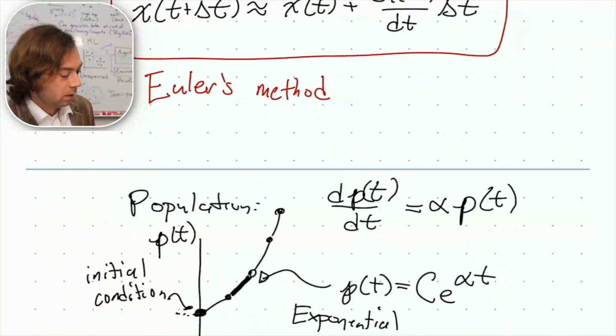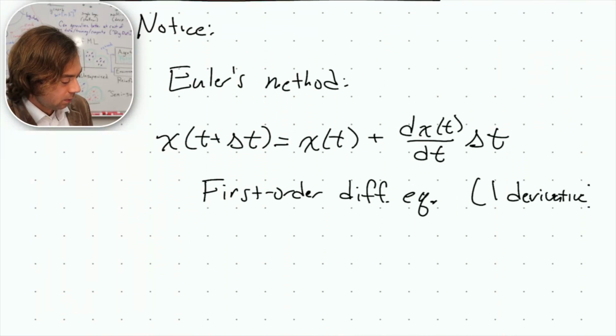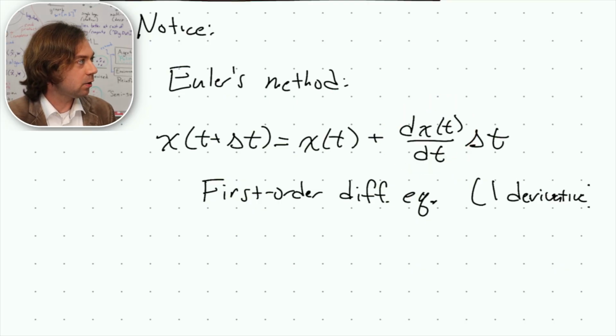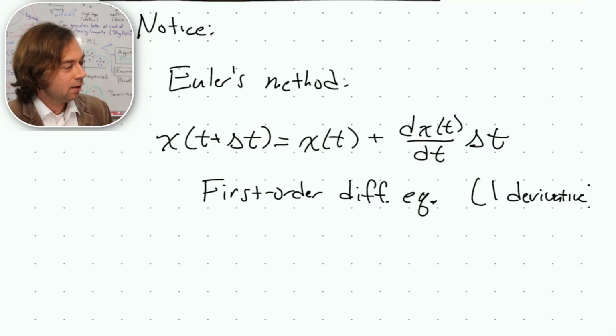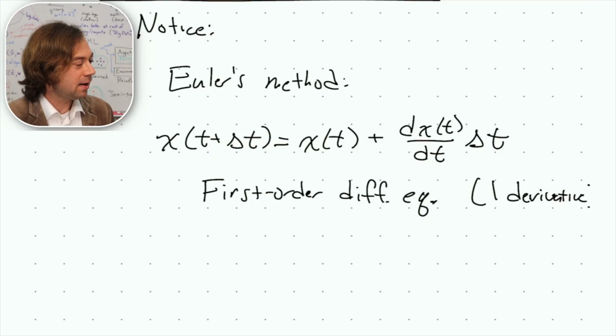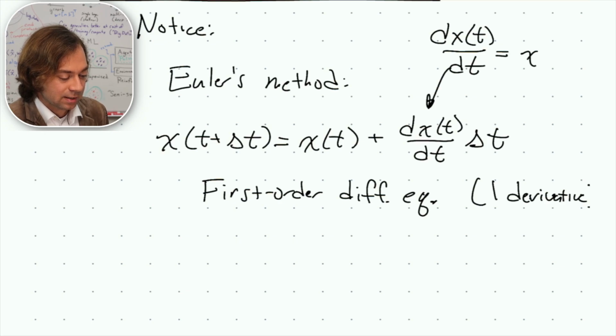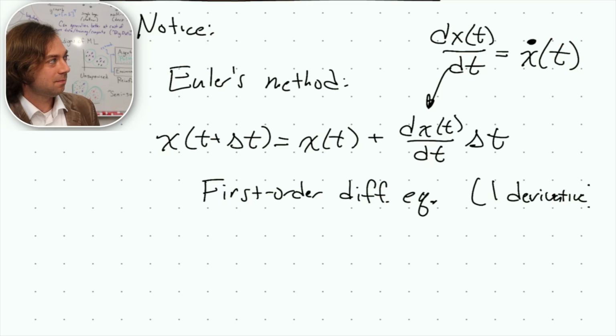Number two, it's exhausting to write dx of t dt or d theta of t dt over and over again. So those of us who work in dynamical systems have a very simple way of writing it. We write dx of t dt as x dot of t. Saves us carpal tunnel.